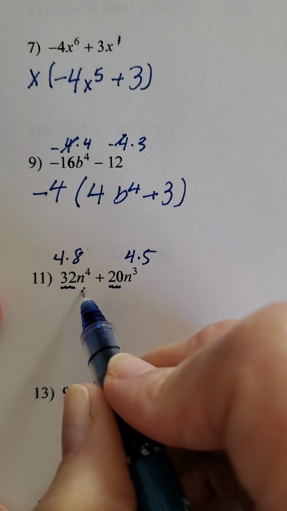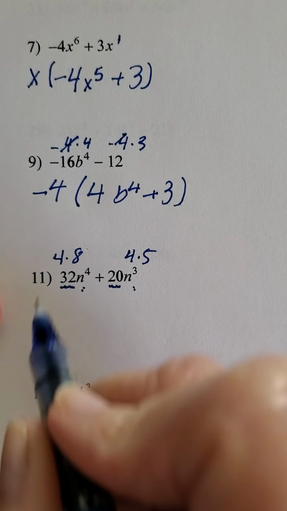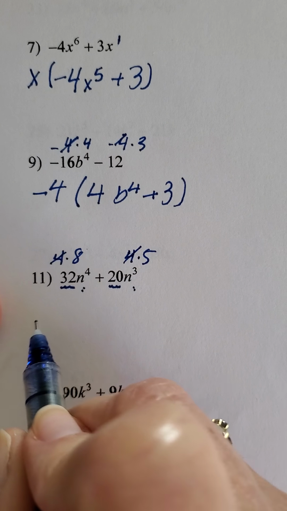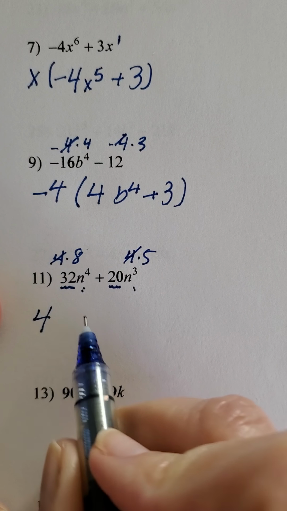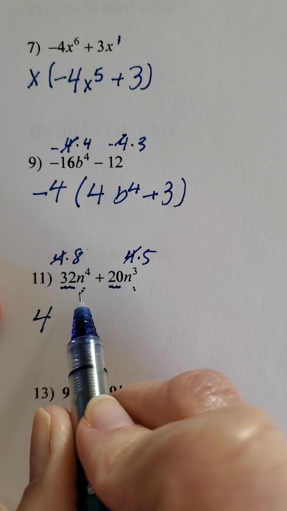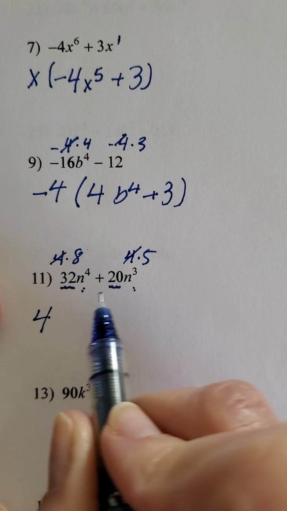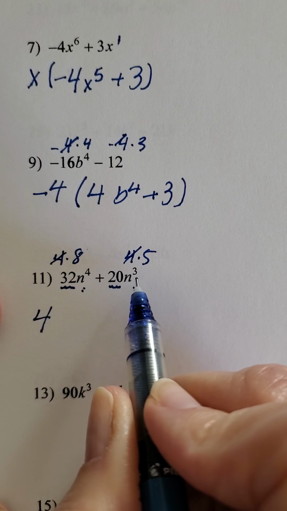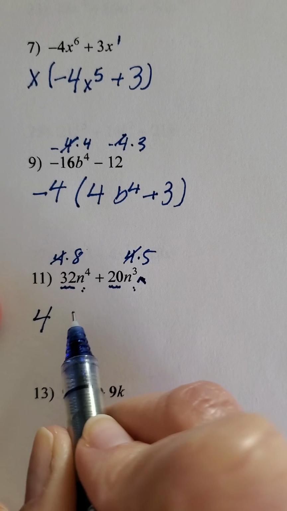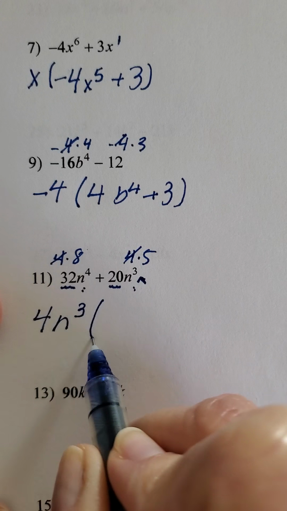They have variables in common, so we're going to have to look at that. We'll take out that common factor of 4 first, and then look at the variables. This one has n to the 4th, this has n to the 3rd. As I said, when the variable's common to both, the lowest power is what's in common. So n to the 3rd is what's in common.